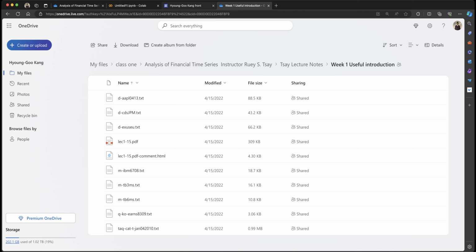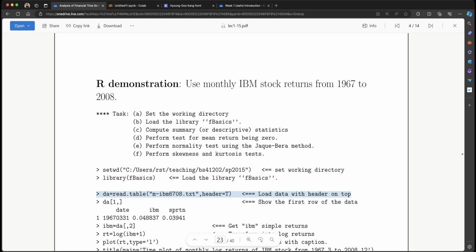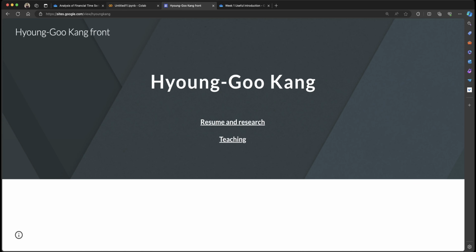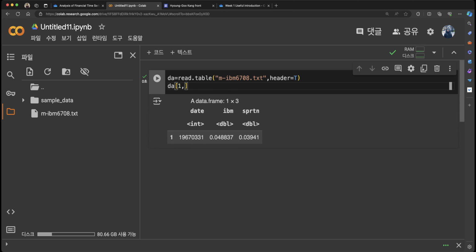It works. So in Google Colab you can run R. So DA1, this one. Yes, we have this one. Same. So it is R, but here actually I want to use Python.